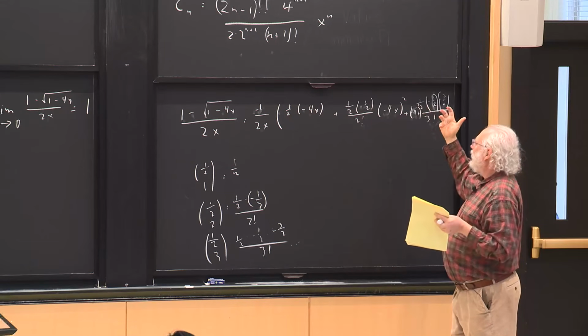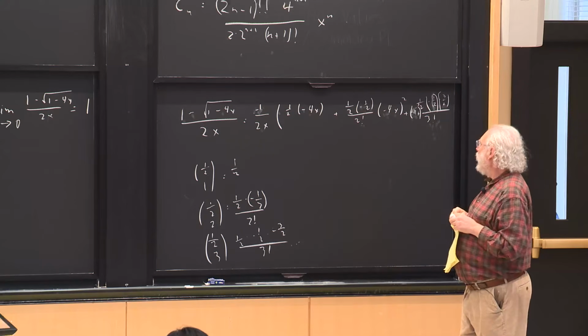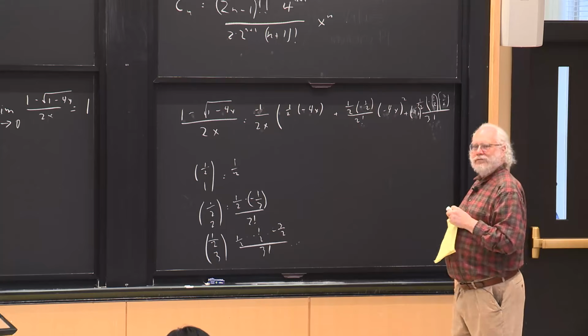So this is another way of getting the formula for C sub n.